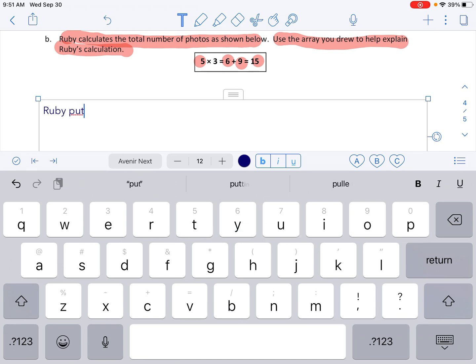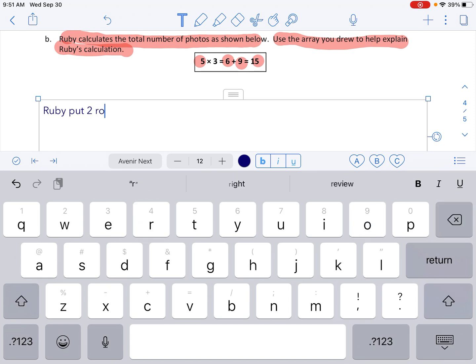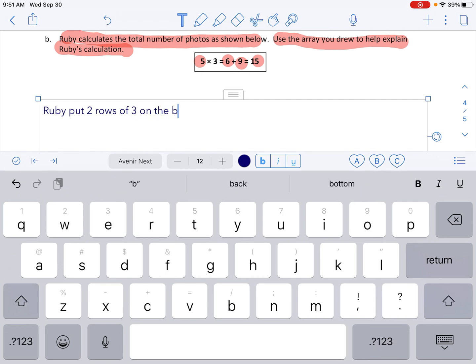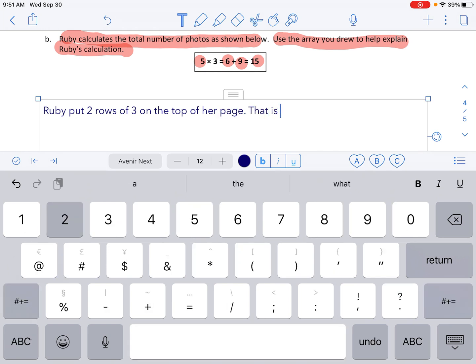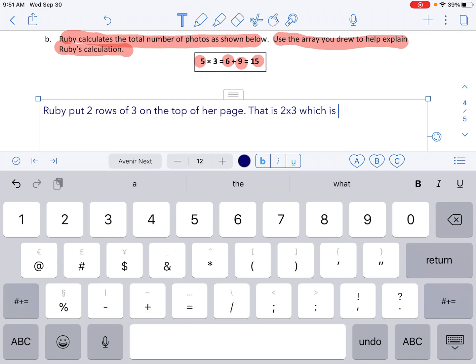Ruby put, at the top part, she had 2 times 3. I'm going to write that in words. 2 rows of 3 on the top of her page. And then I'm going to explain it. That is 2 times 3, which is 6.